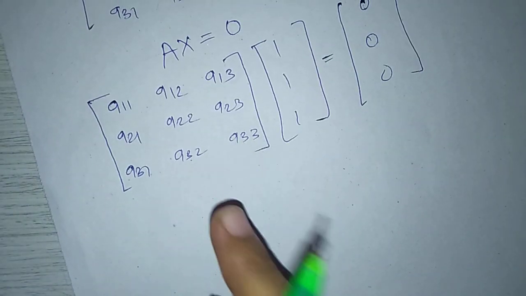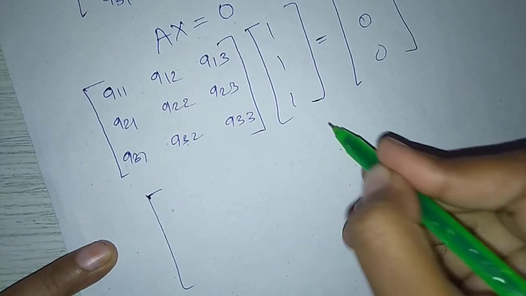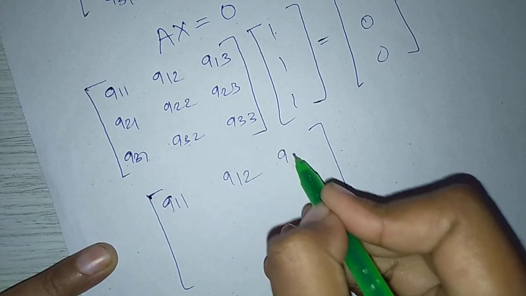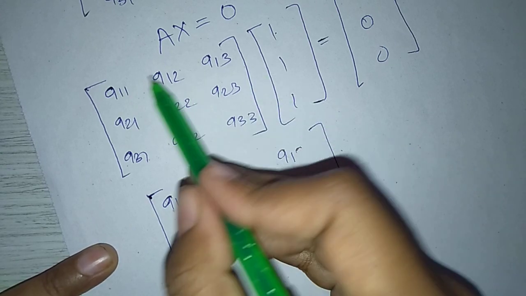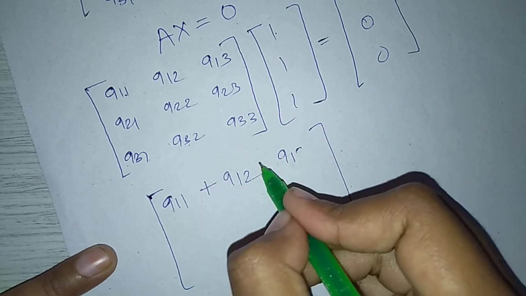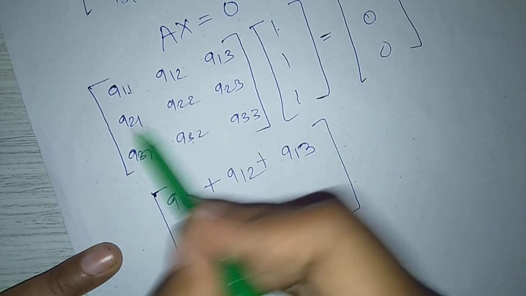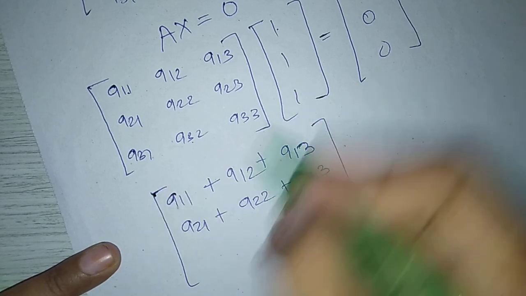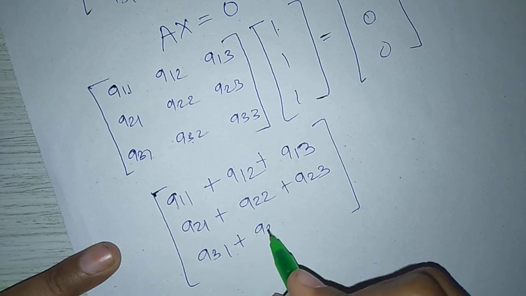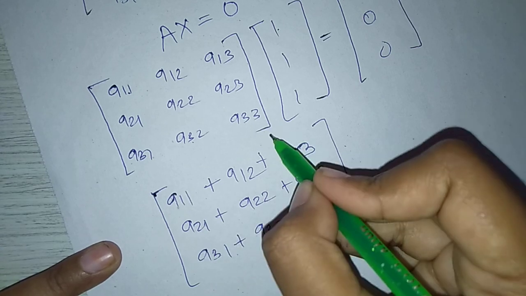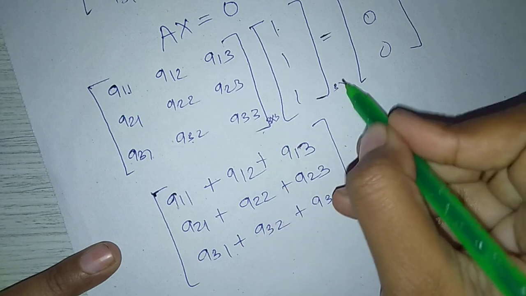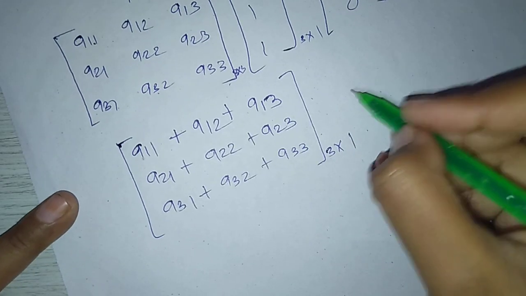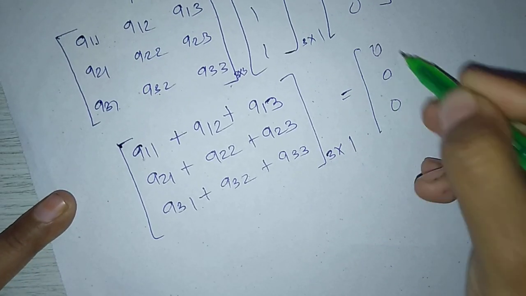By multiplying these two matrices, we get A11 plus A12 plus A13, second A21 plus A22 plus A23, next A31 plus A32 plus A33. This is the 3 by 3 matrix and this is the 3 by 1, so we get a 3 by 1 matrix equal to (0, 0, 0).